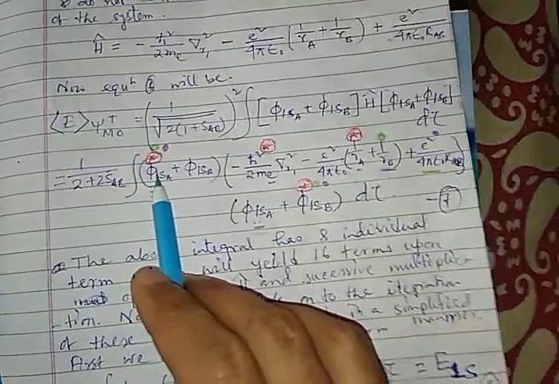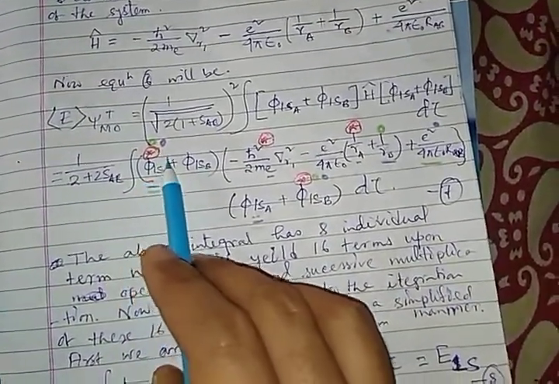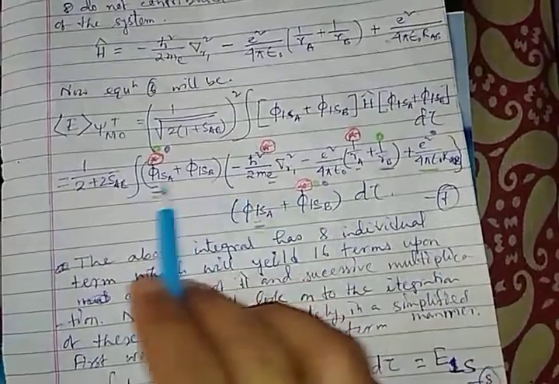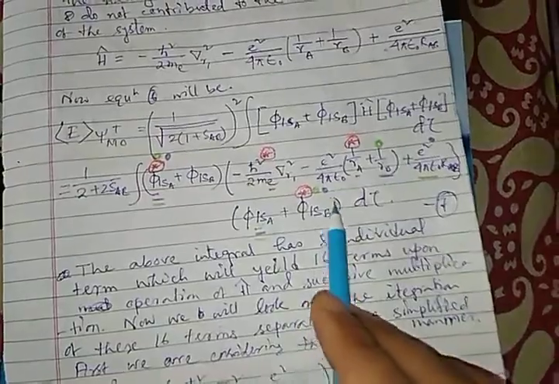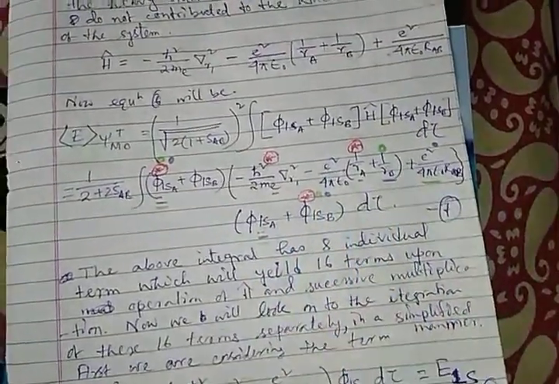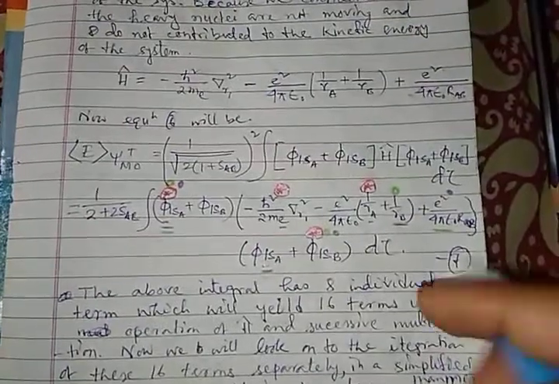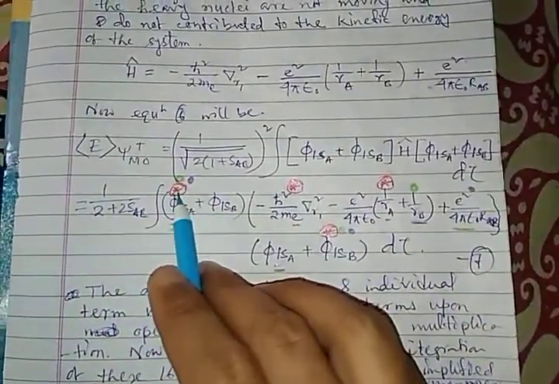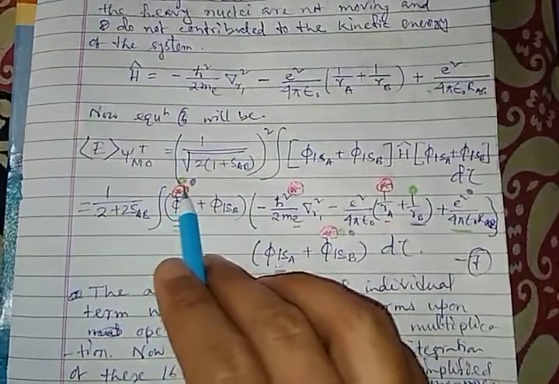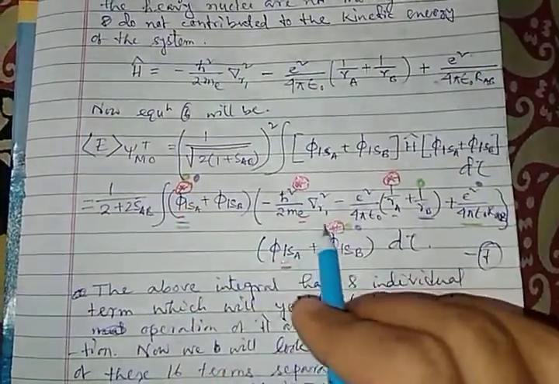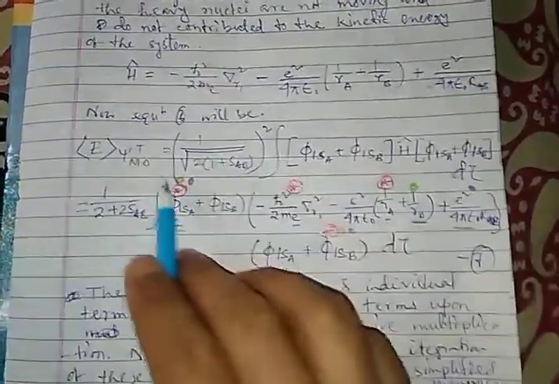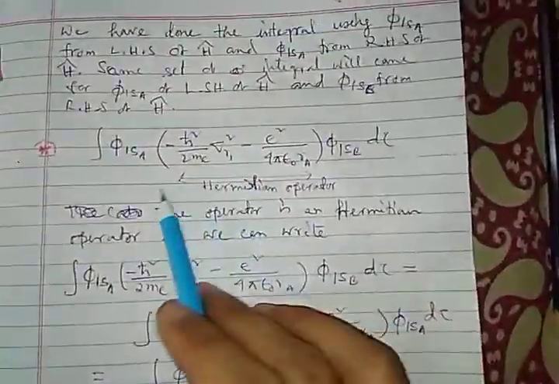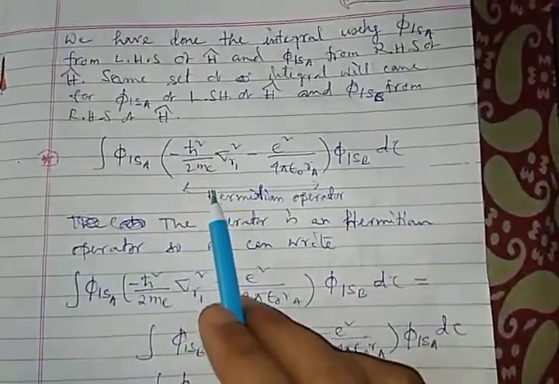Similarly, we will do this for phi 1sa in the left hand side of the Hamiltonian and phi 1sb in the right hand side of the Hamiltonian. Now we are multiplying these terms and we will find this integral, and for this we have put the sign in the upper portion in a different color. So the first integral will be like this.